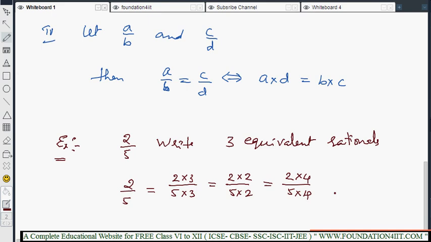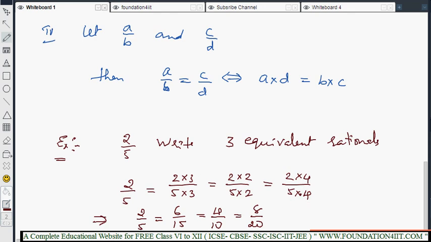If you simplify, 2 by 5 equals 6 by 15, 4 by 10, 8 by 20.